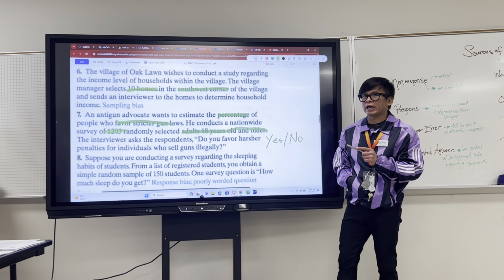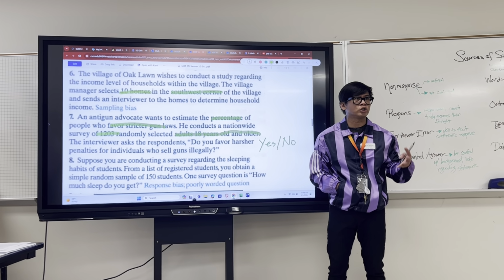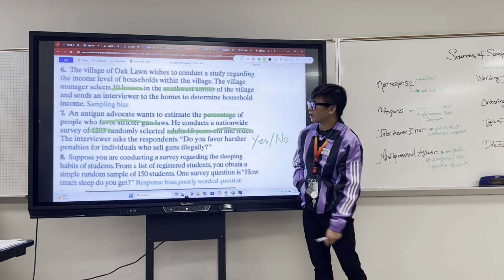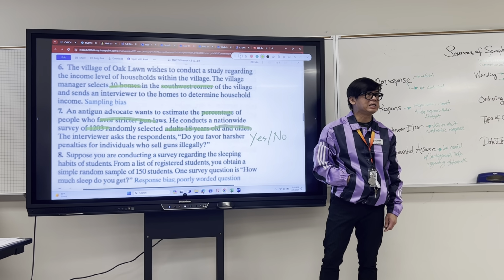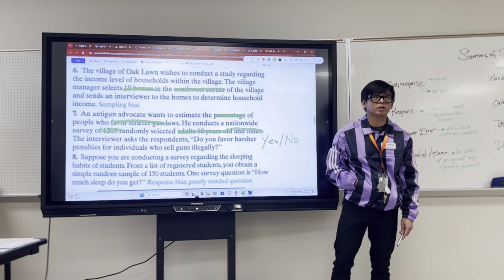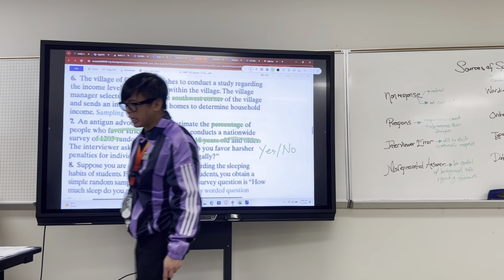So I would say the best thing for that one is to make it an open-ended question, maybe stating the reason why they favor harsher penalties for individuals who sell guns illegally. Good? Other than making it a yes/no question. That's good. And the last one, question number 8.